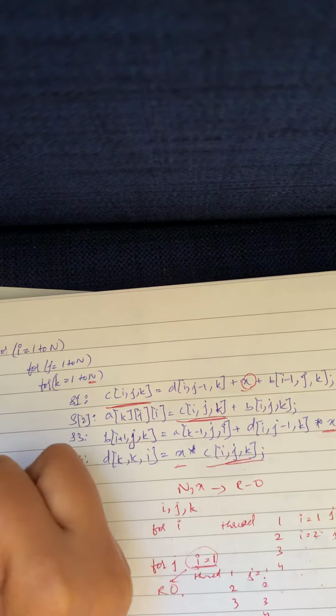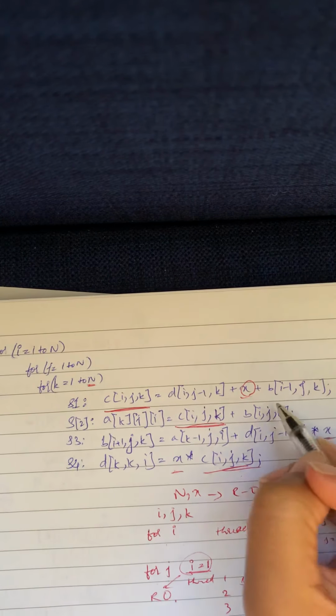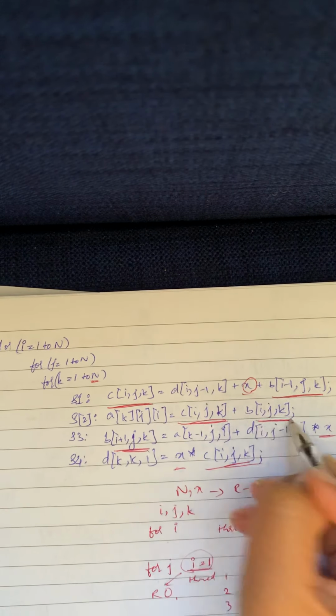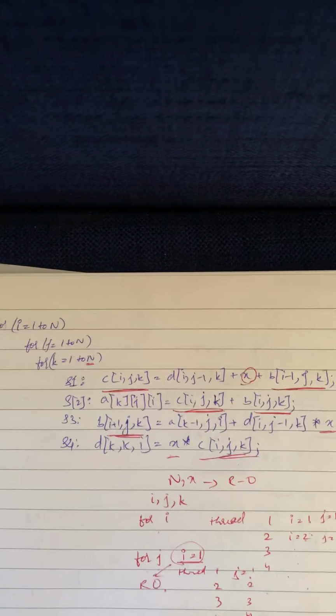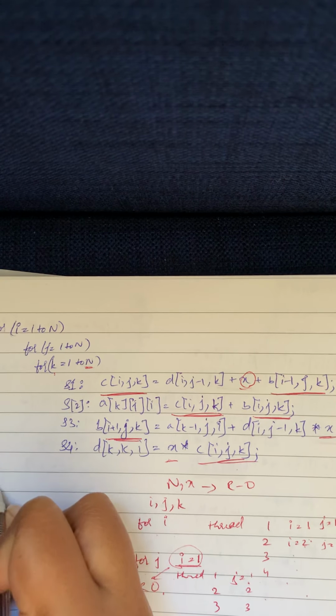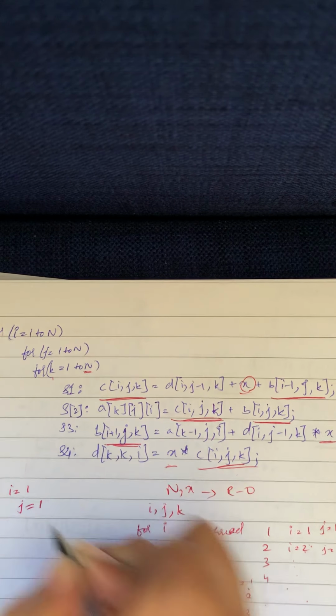So C was easy. Let's look at B now, which is B i minus 1 j k, B i plus 1 j k, B i j k. Just by looking at these loops, you can see that when we unroll each i, j, and k and assume values, like say for i equals 1, j equals 1.